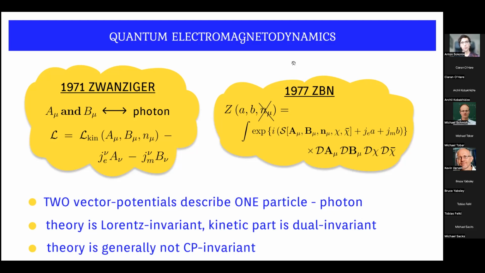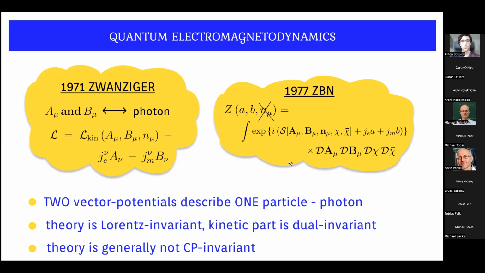Also, we have two four-potentials. They are not independent. There are constraints which connect one potential to the other. The theory, as I mentioned already, is Lorentz invariant, although there is an extra vector n mu, and the Lorentz invariance of the theory is most conveniently shown in the path integral approach.